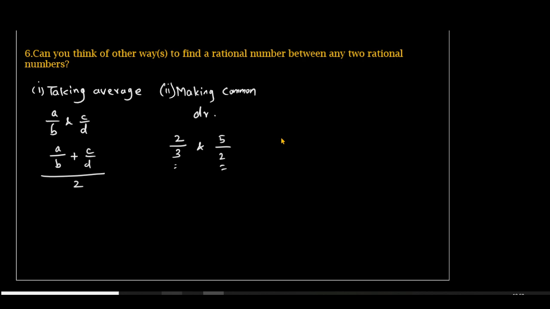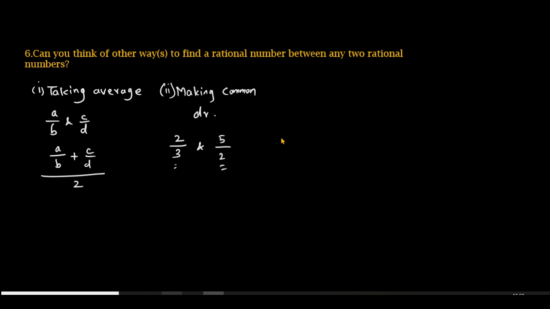If you multiply 3 into 2, you get 6. On that side, 2 into 3, we get 6. Find equivalent fractions: the same number should be multiplied with the numerator also. So the equivalent fractions are 4/6 and 15/6. Now you can find many numbers in between 4/6 and 15/6, or else you can multiply by some other common numbers and get the number. This is another way.